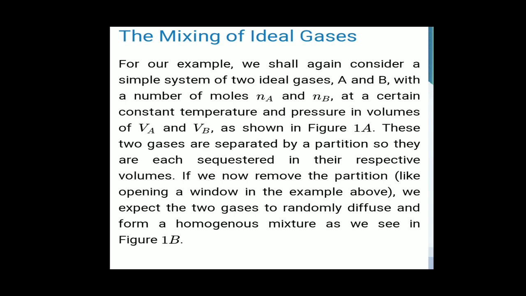These two gases are separated by a partition, so they are each situated in their respective volumes. If we now remove the partition, we expect the two gases to randomly diffuse and form a homogeneous mixture, as we see in the figures above.